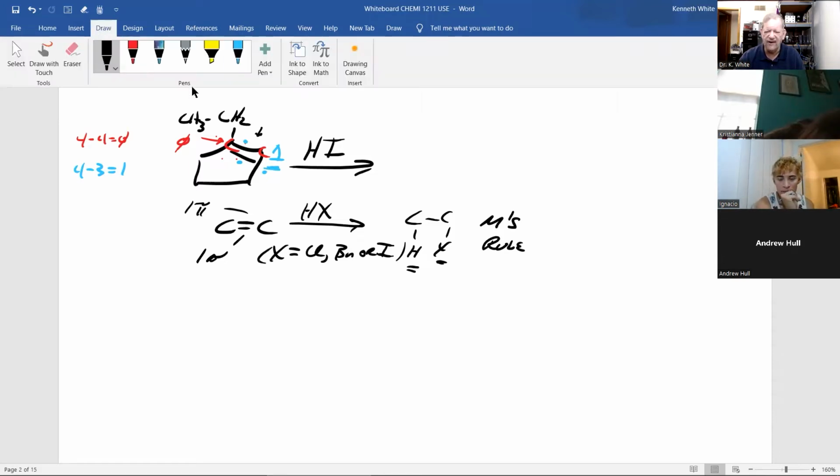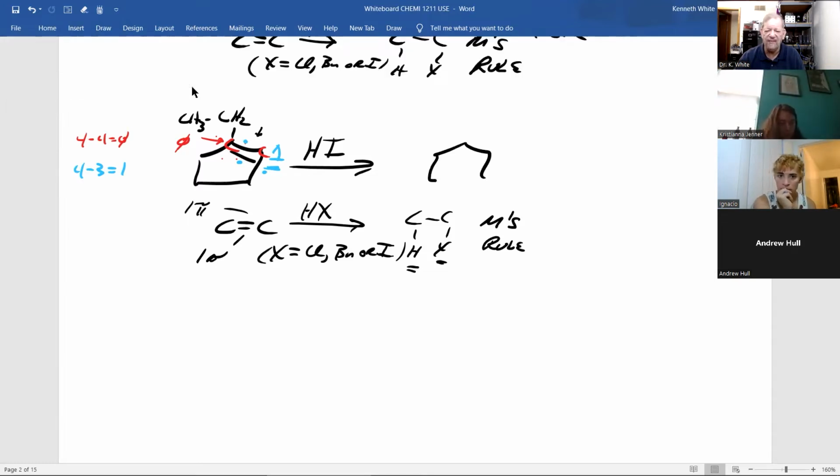Now, do you break carbon-carbon single bonds? No. So I'm still going to have my ring. Every bend in a line is a carbon, and I'll still have my ethyl group here, 2 carbons. The carbon right here will get the hydrogen. The carbon with no hydrogens will get the halogen, X, which in this case is iodine.